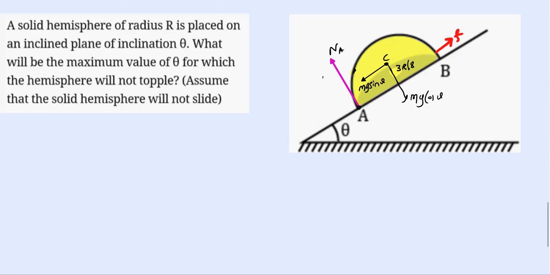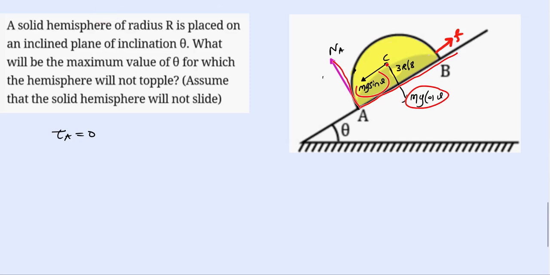We'll take the net torque about point A, which should be 0. The torque due to normal reaction and the friction will intersect the axis of rotation, so the only torques are due to mg cos theta and mg sin theta.